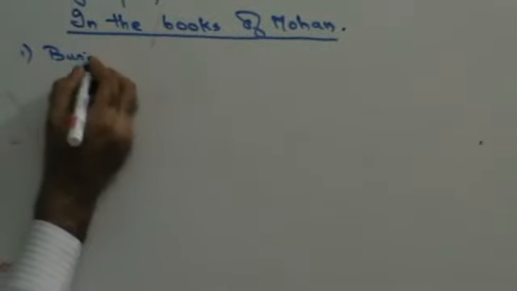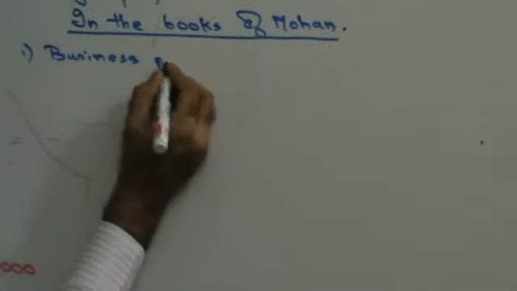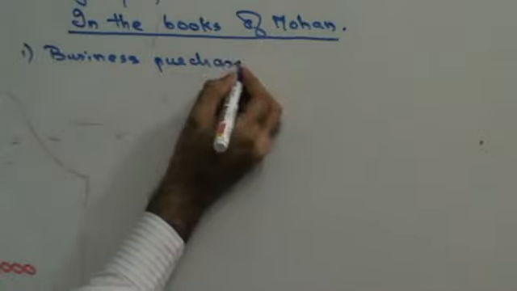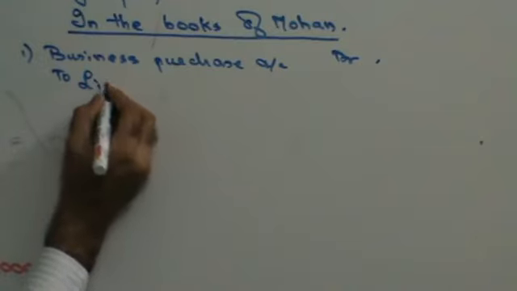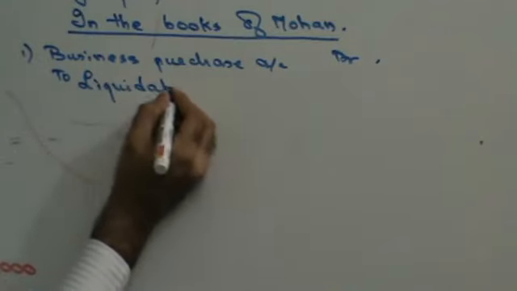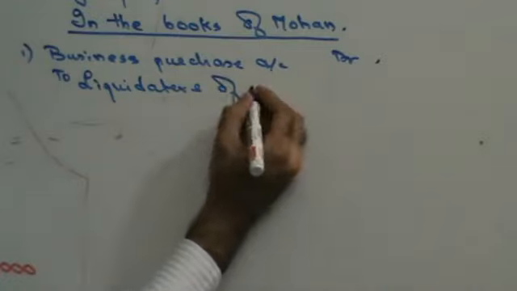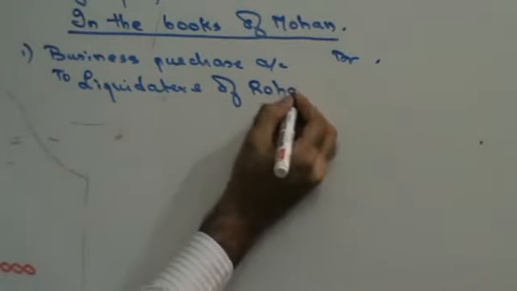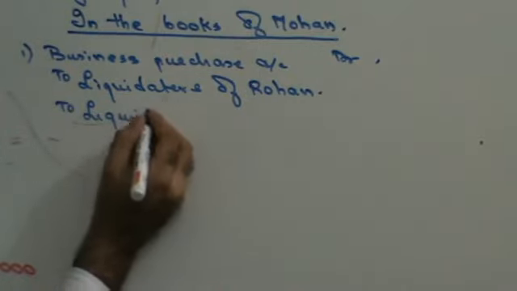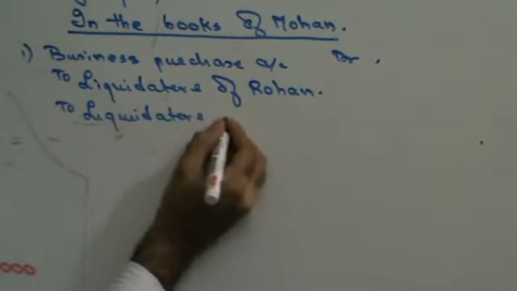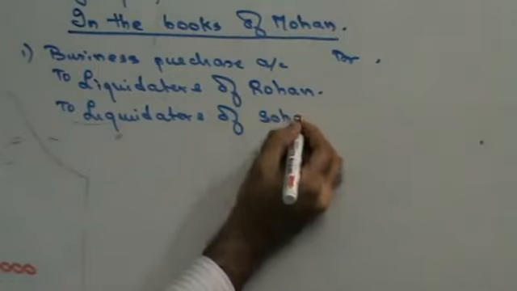Now I'm doing in the books of the purchaser. He is going to buy. Business purchase account debit to he is buying liquidators of Rohan and to liquidators of Sohan.